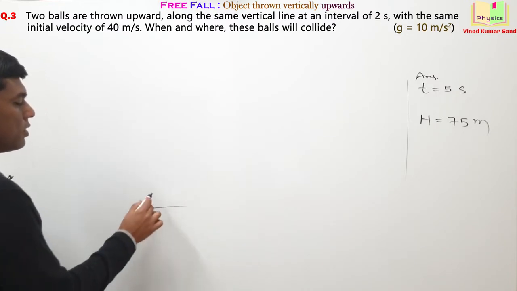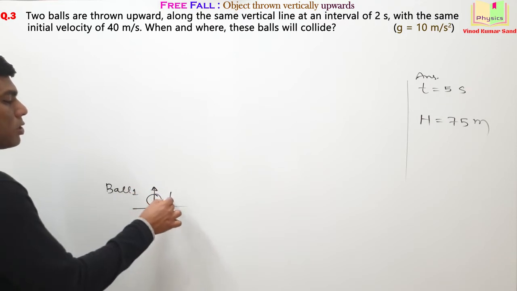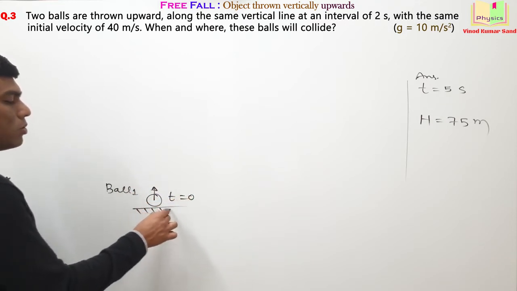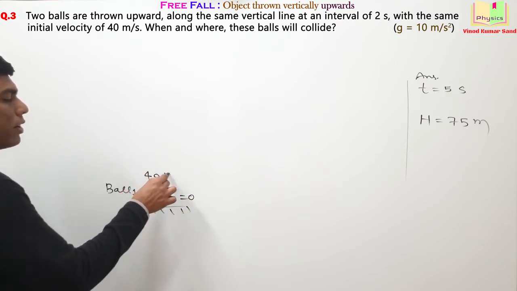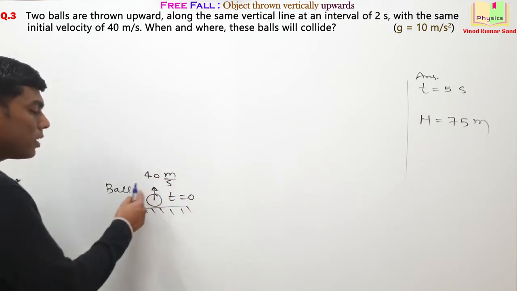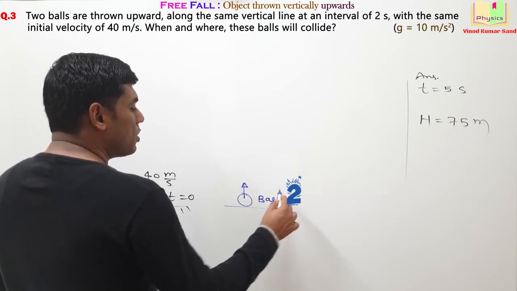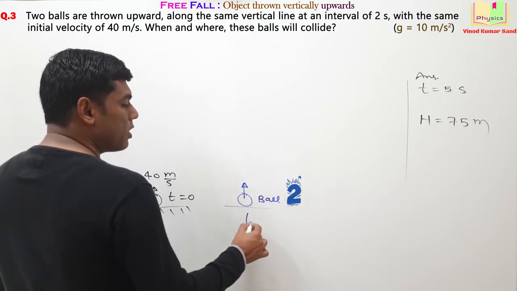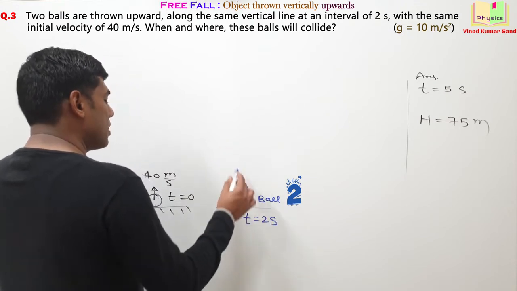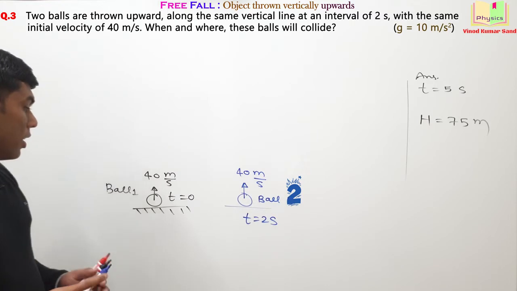Suppose this is the ball 1. The ball 1 is projected up at t is equal to 0 with a speed of 40 meter per second. And from the same point, we are projecting another ball 2, which is projected at t is equal to 2 seconds with the same speed 40 meter per second in the upward direction.